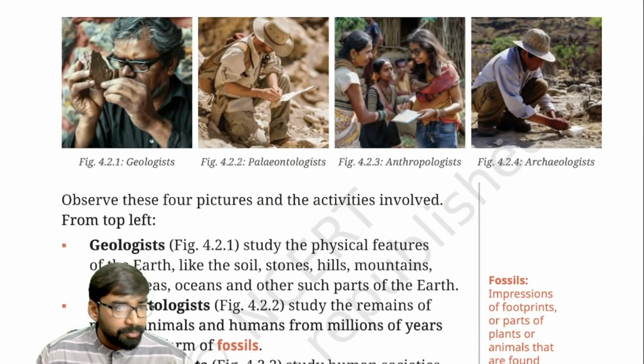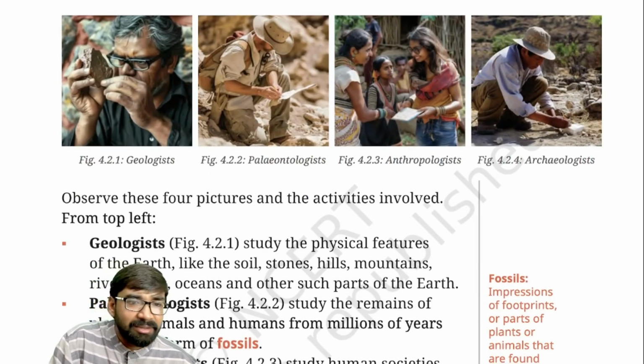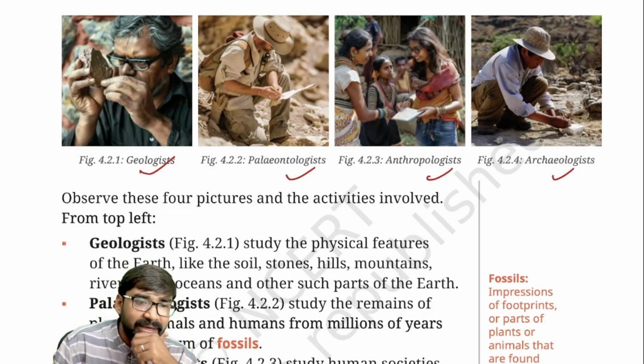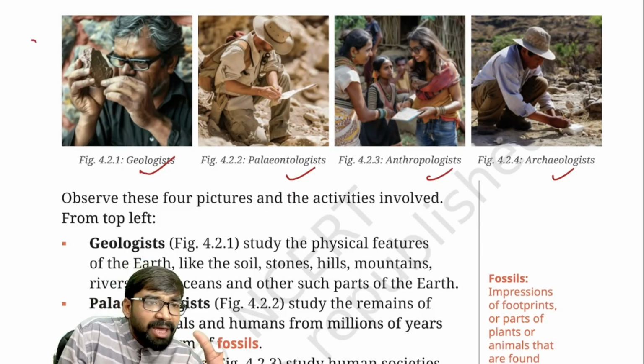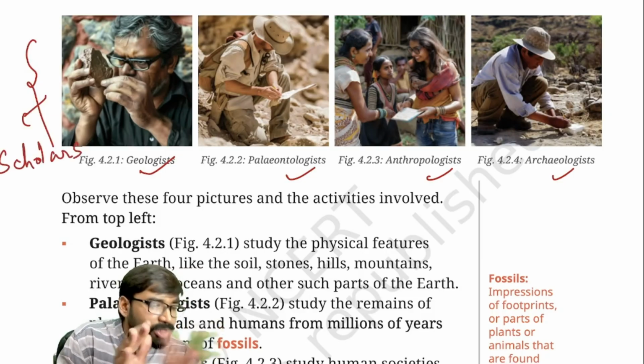Okay. Now as you can see here, 4 important pictures on your screen. अब ये 4 important pictures बहुत ही जरूरी है हिस्ट्री में समझने के लिए. अच्छा ठीक है. बेसिकली ये है क्या? You can call them as scholars. They are actually scholars.